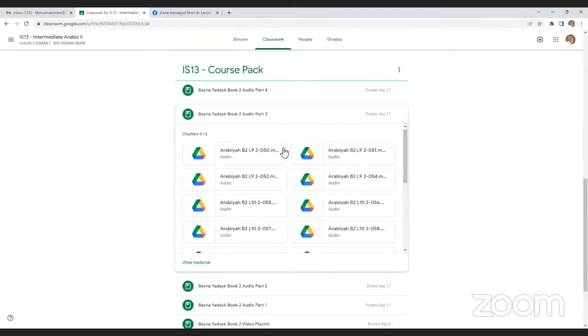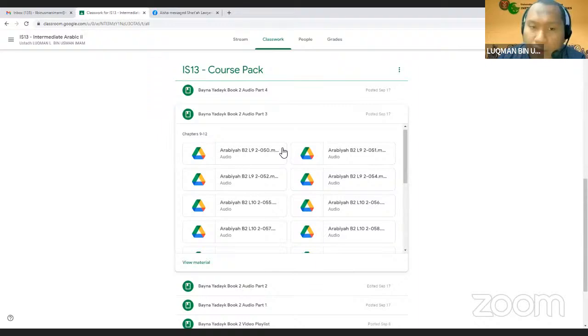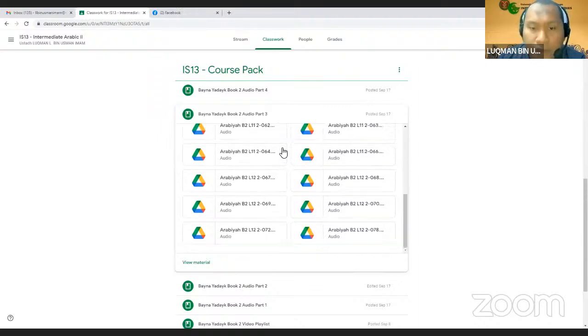If you just listen to it once, one chapter a week, it is still a big help. Then you repeat it, the method of learning where you just follow along, shadowing. So it will help you learn Arabic.